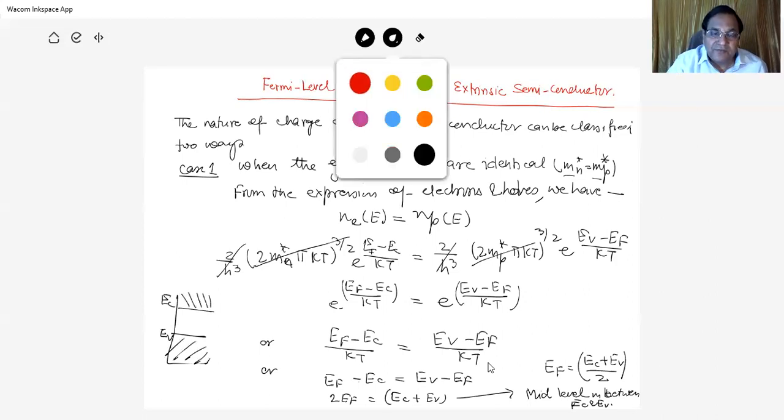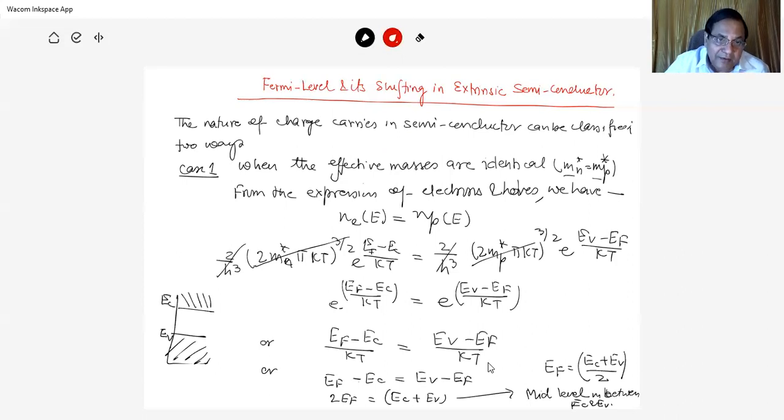So the Fermi level lies in between these two, that is EF. This expression can be represented in the diagram as shown. So this one is the first case.